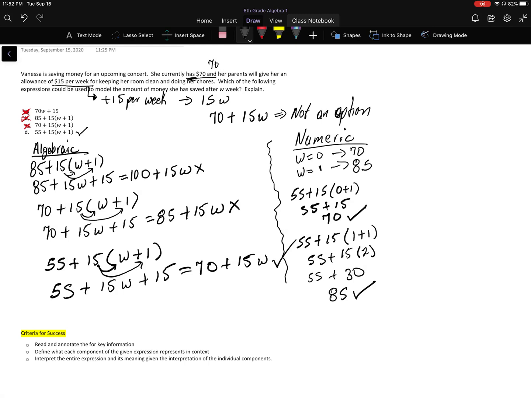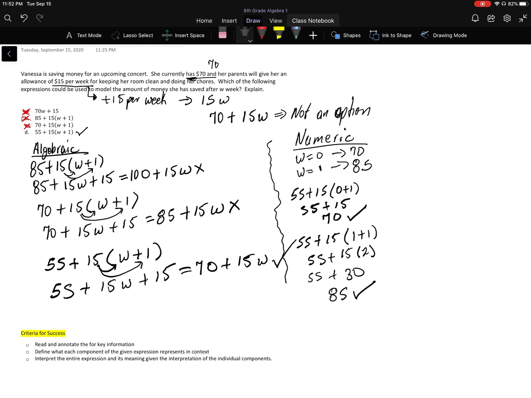Interpret the entire expression and its meaning given the interpretation of the individual components. That's what we've been doing. Here you have the 55, and in this case you needed it to be that 70. So 70 would be the original amount that she has, and the 15 is the $15 per week that her parents give her for cleaning her room.